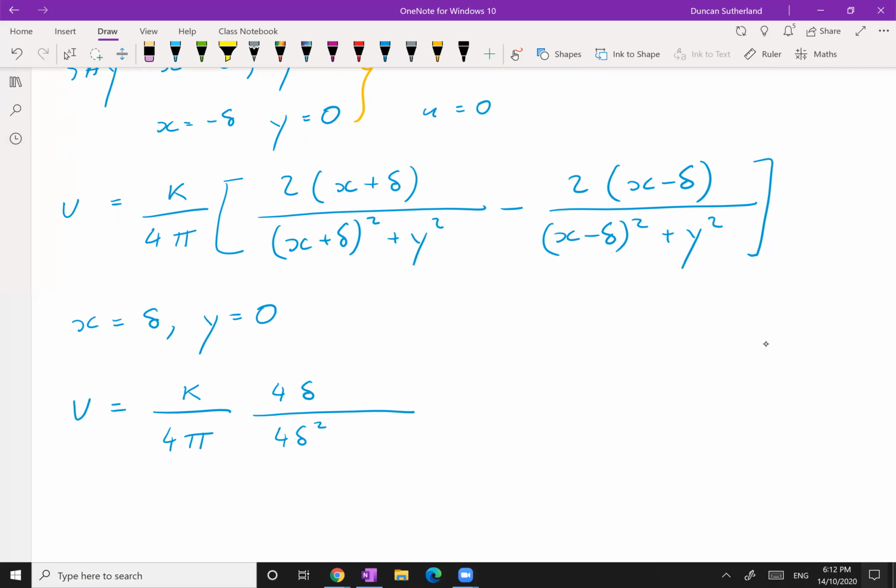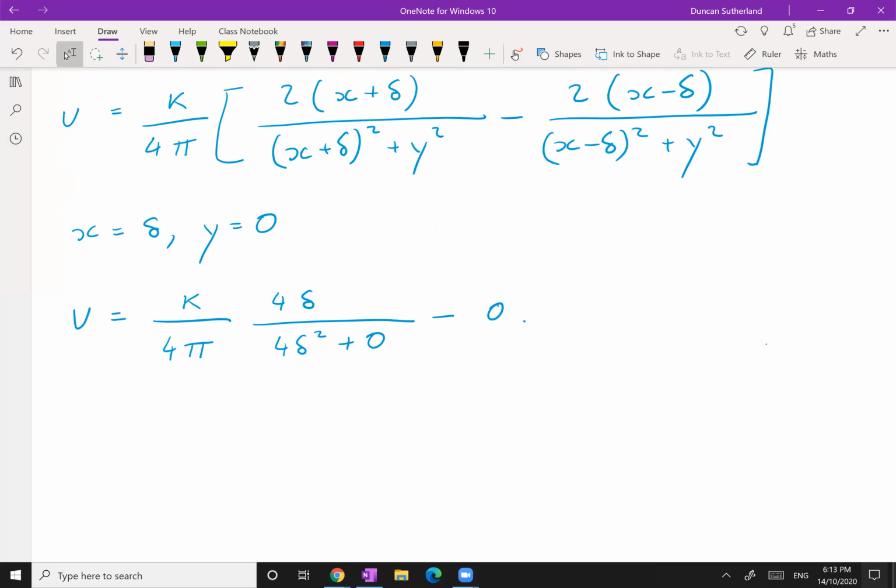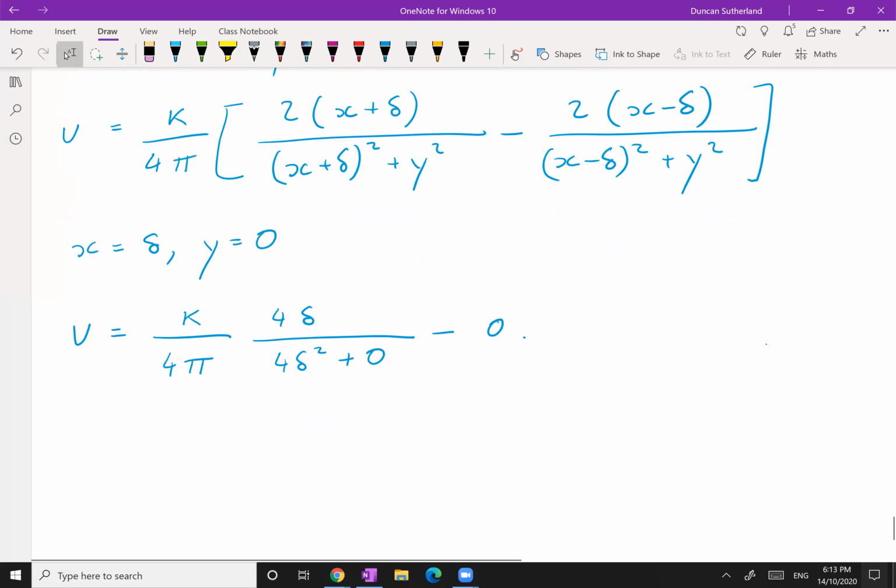So brackets, plus 0, minus, well, that's going to give me a 0. So we now at this vortex center have some positive v velocity.